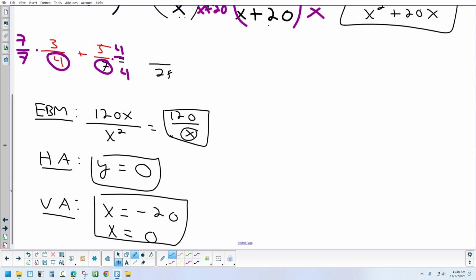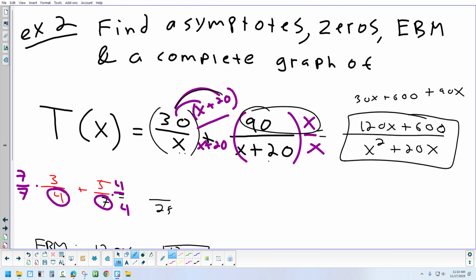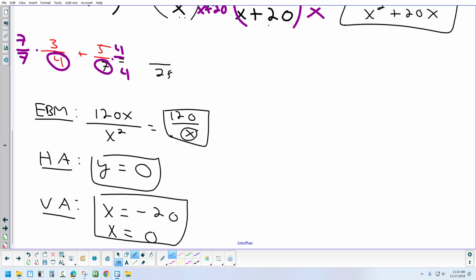Okay. So what else do they want? We've got EBM. And the zeros, or the roots. What's another name for a 0 when you're thinking of it as a graph? Which intercept? Yeah, you're looking for the x-intercept. It's where it crosses the x-axis. So let's find the zeros.